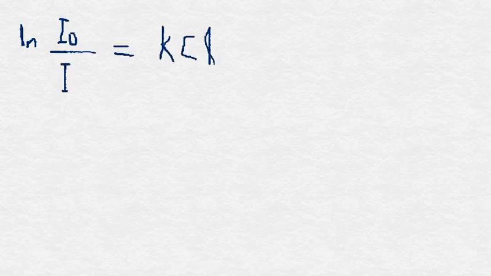I assume that you know that ln is the natural log, which is also known as log to the base e. Here we need to convert it into log base 10. Therefore, we have to multiply it by 2.303 to get log base 10.